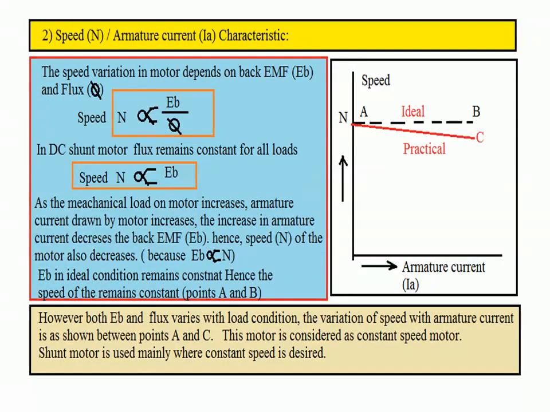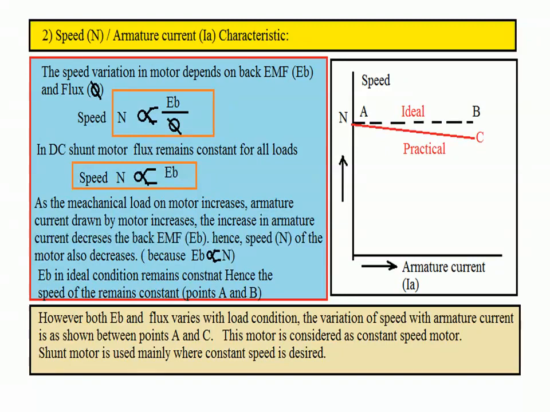Number two, speed versus armature current characteristics. This characteristic provides the relation between speed and armature current of the motor. In general, speed depends directly on back EMF and inversely on flux. Again, the flux is constant from no load to full load.